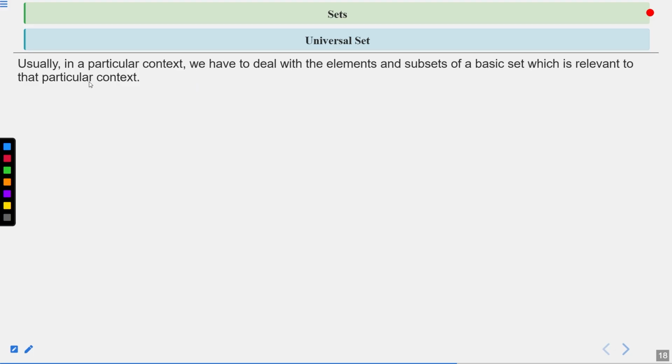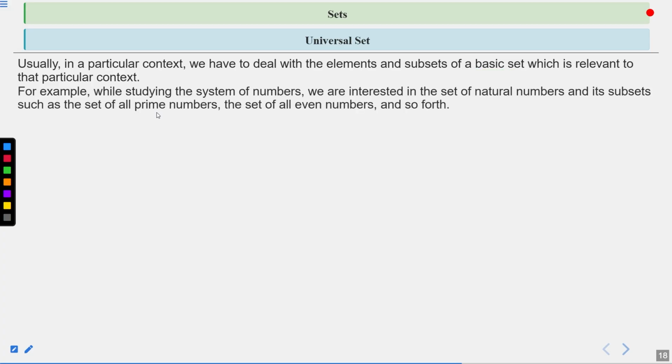So usually in a particular context, we have to deal with the elements and subsets of a basic set which is relevant to that particular context. Meaning, while studying the system of numbers, we are interested in the set of natural numbers and its subsets, such as the set of all prime numbers, even numbers, odd numbers, multiples of 5, and so on.